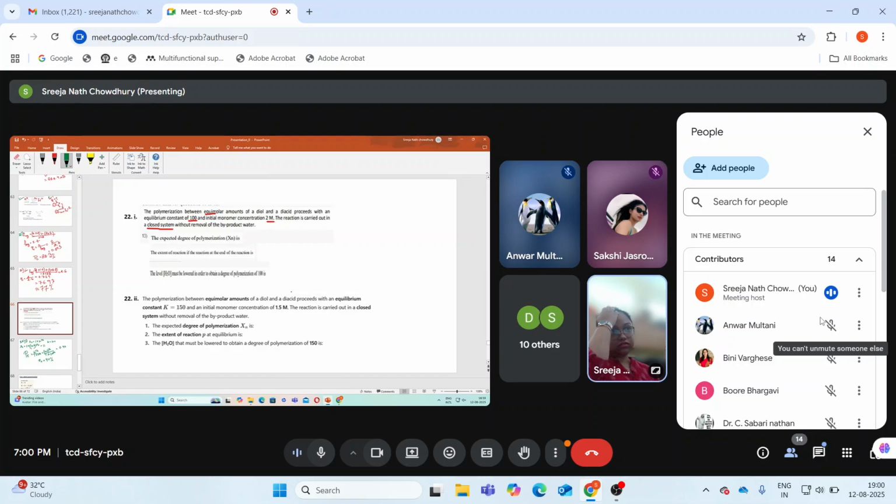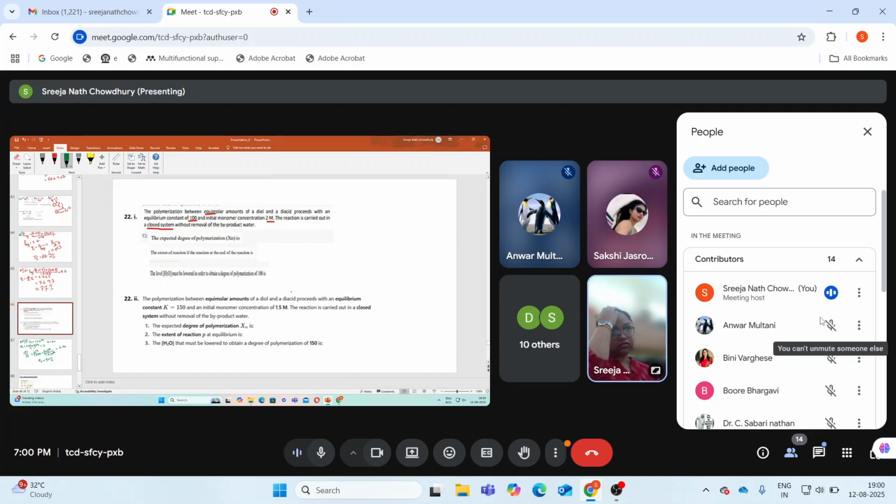And for termination reaction, RT is equals to 2 KT M dot square. So for termination, in the lecture it was thoroughly discussed how disproportionation and combination take place for the termination of the reaction.